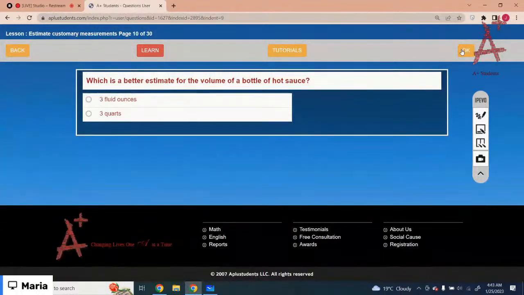Which is the better estimated volume of a bottle of hot sauce? Is it 3 fluid ounces or 3 quarts? Which is the correct option?